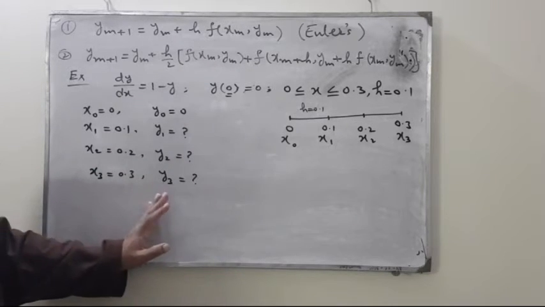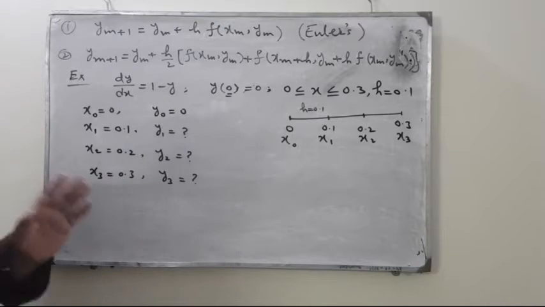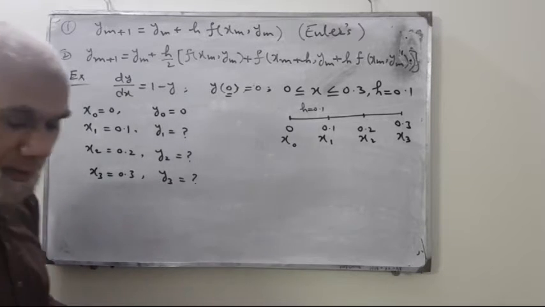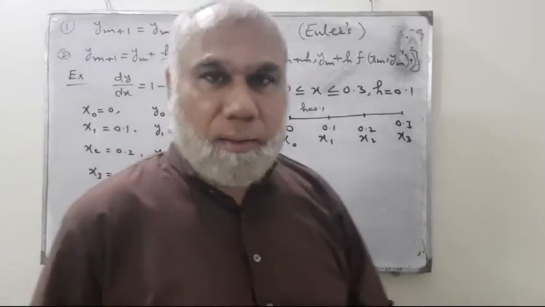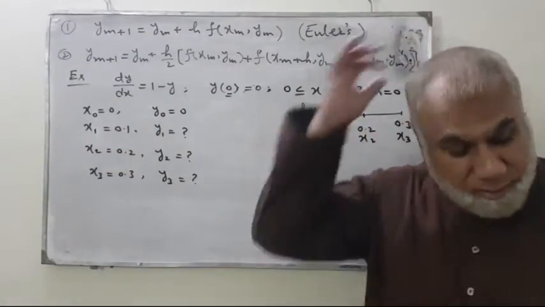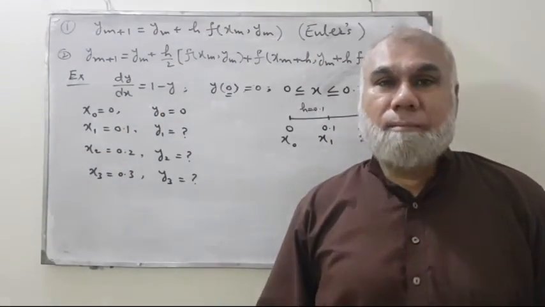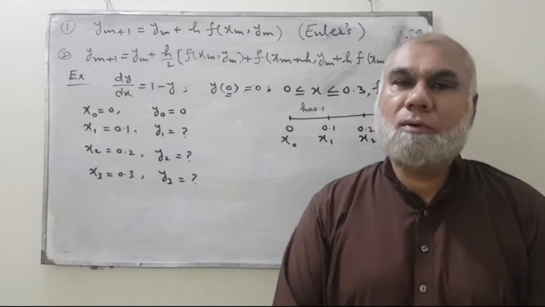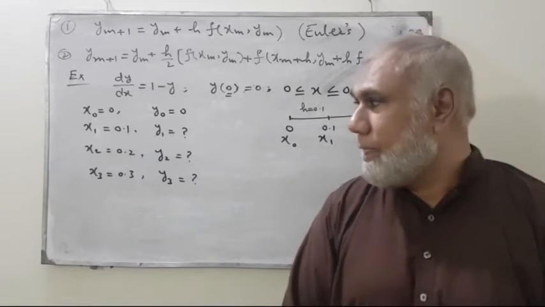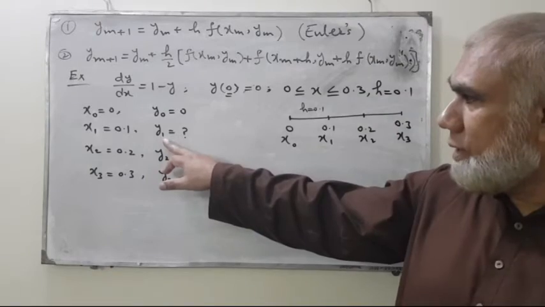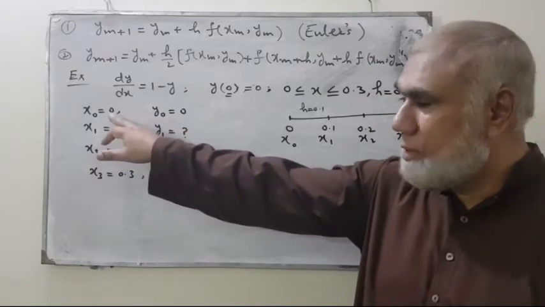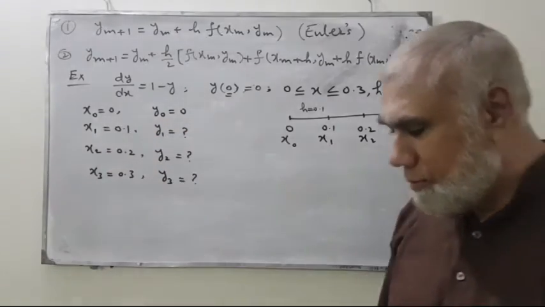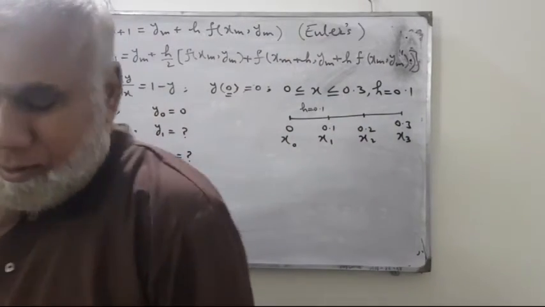Now you have to keep this data in your mind, and before proceeding, as I told you, in these methods, in order to find the next value, we have to use the previous value. So in order to go for y1, we have to use y0 and x0, and similarly we shall proceed on the same line.